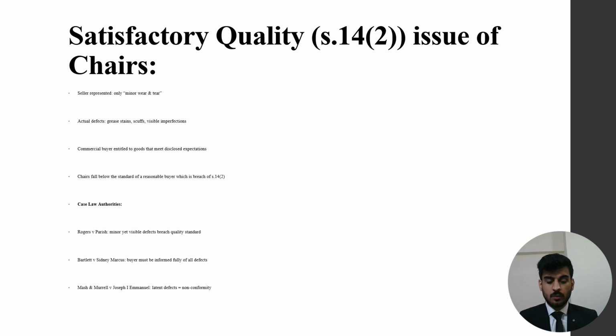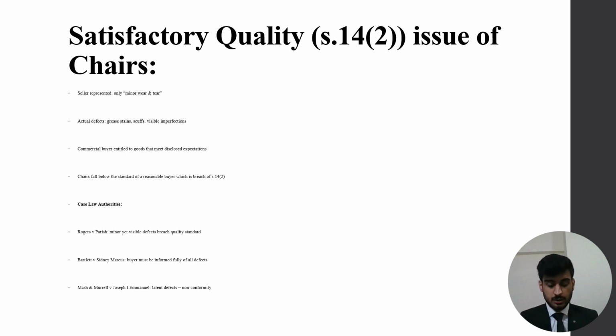The quality of commodities delivered in the course of business must be satisfactory as stated in section 14(2). The chairs were delivered with stains, scratches, and other flaws that exceeded realistic expectations, despite their description of minimal wear and tear. Section 14(2A) codifies an objective norm that takes description, pricing, and circumstances into account.